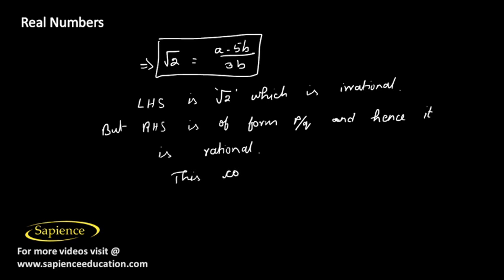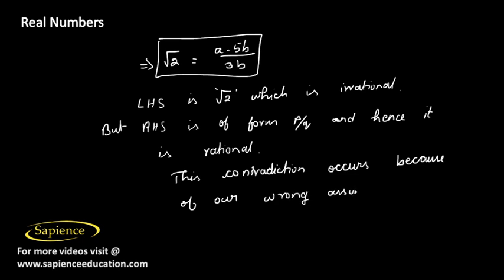This contradiction occurs because of a wrong assumption. Hence 5 plus 3 root 2 is an irrational number.